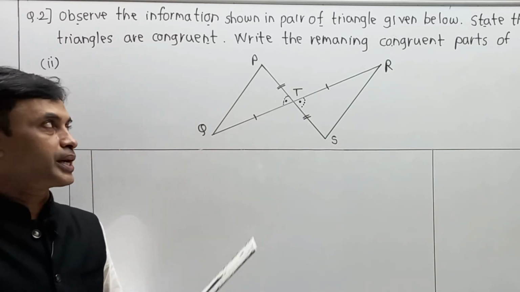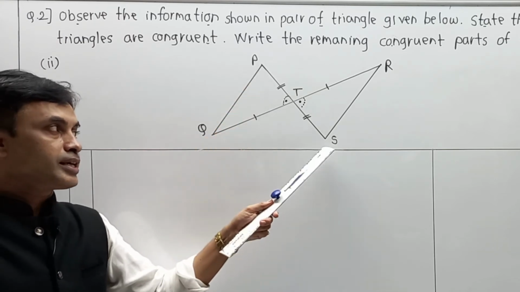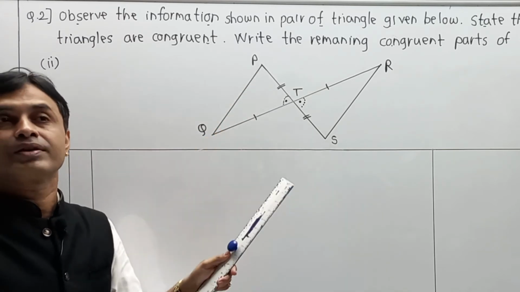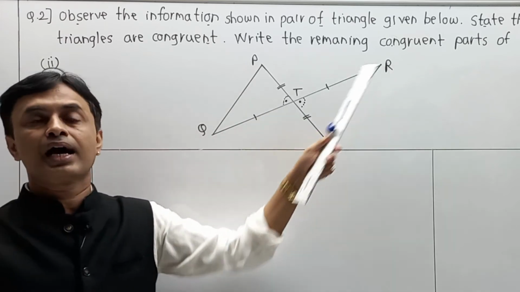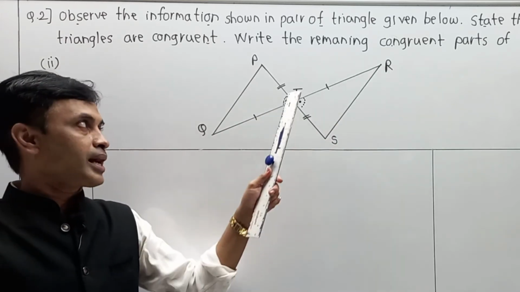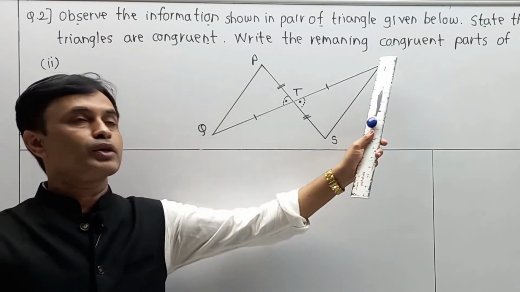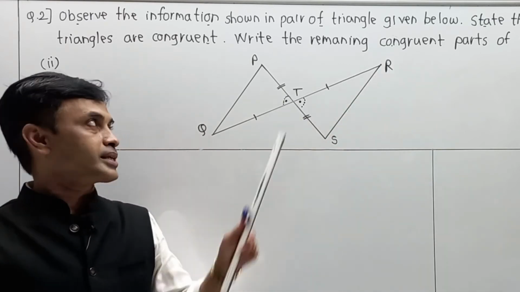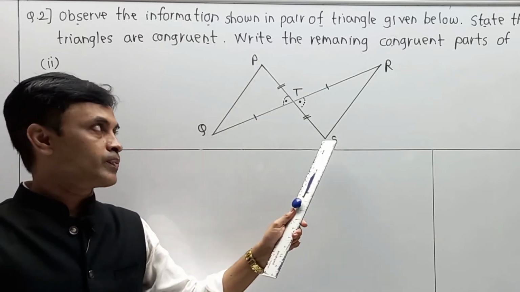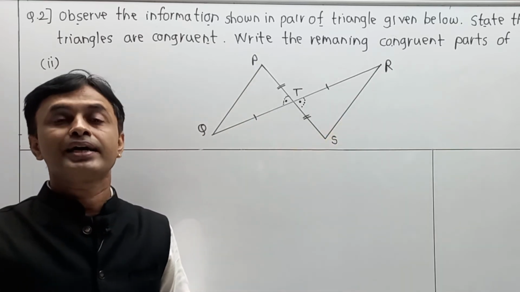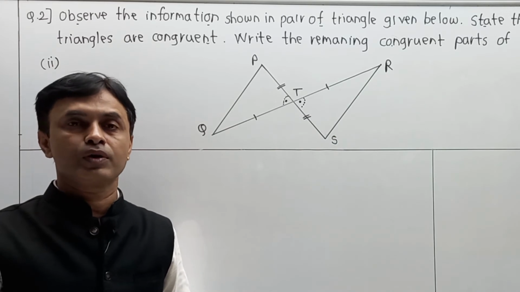Once again, please pay attention. PT is congruent to ST. They have given angle PTQ congruent to STR, vertically opposite angles, and third, TQ congruent to TR. They have given. Naturally the first triangle, that is PTQ, is congruent to STR by the side-angle-side test of congruency.